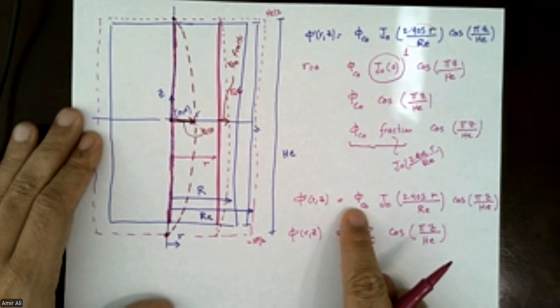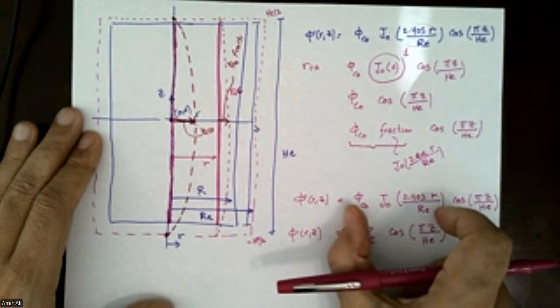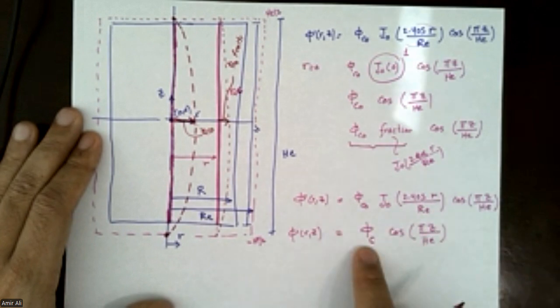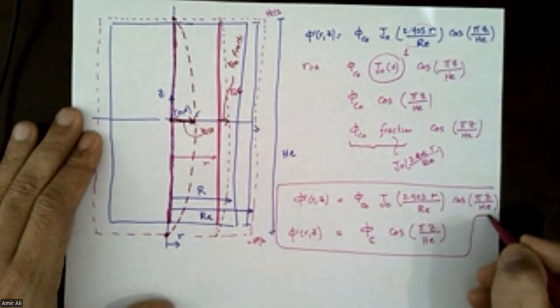This is the neutron flux amplitude at the core center times J naught. This, a combination of these two together, is the amplitude of the cosine function for the neutron flux, not at the core center. It's away from the core center. So both equations are correct, depending on the given information you can use.